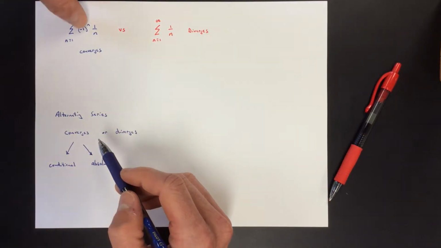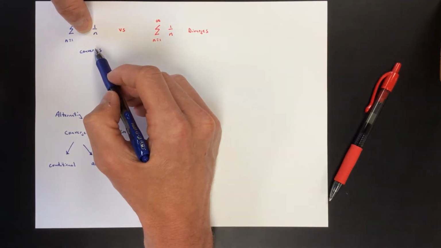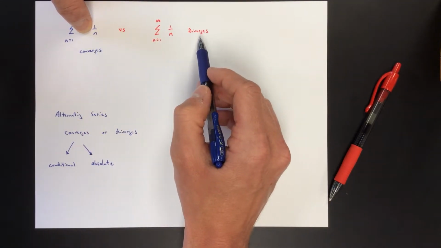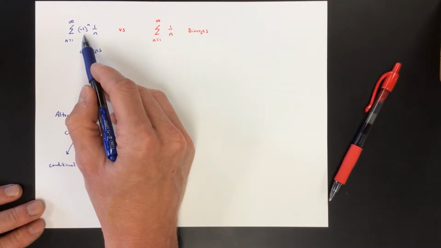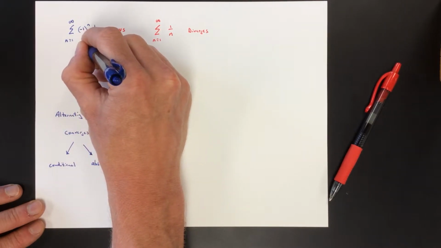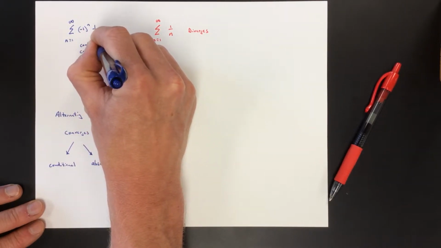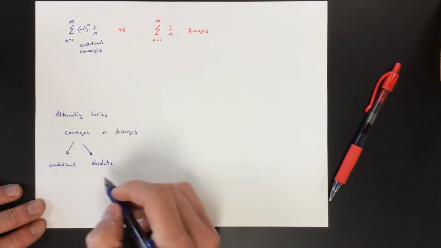So if we took away the alternating part, does this converge? Well, no. 1 over n diverges. So this has conditional convergence. Let's look at a bunch of other examples and I can show you the difference.